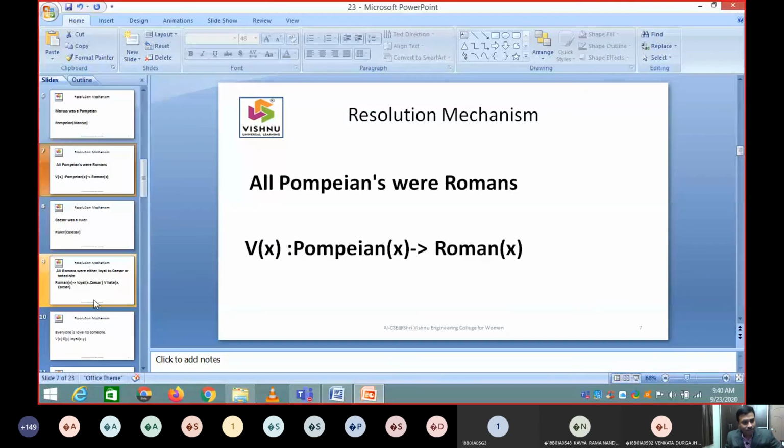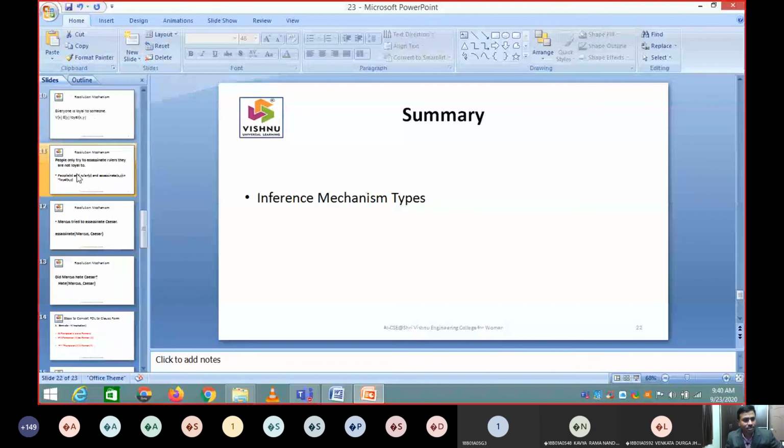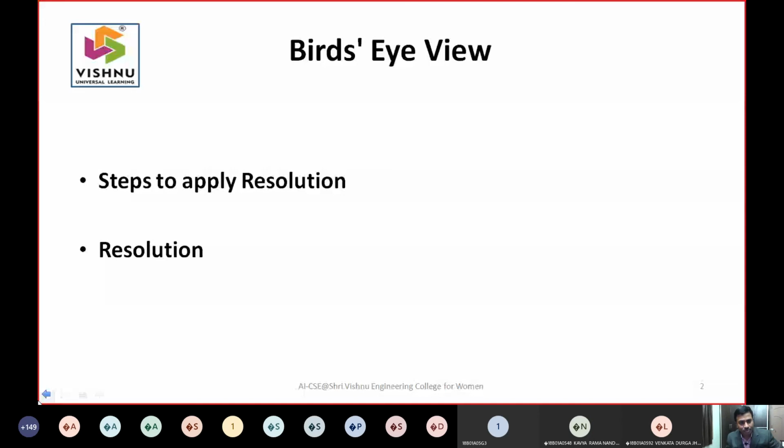See, what are the steps of resolution? Can somebody just tell me what are the different steps that you need to adopt for a resolution algorithm or resolution mechanism? See, the first step is you convert the statements into first order logic.